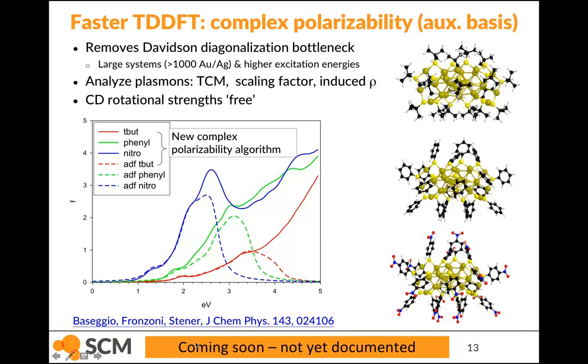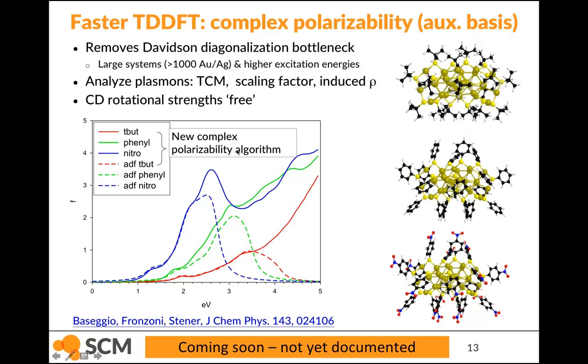Here's a paper that describes the algorithm and some applications, just to give you an idea of what it can do. These are calculations on, I think, a 12-core desktop machine on these particular nanoparticles on the right-hand side. What was physically possible with the old linear response DFT for these three different complexes couldn't go to higher excitation energies. These are the dashed lines here, blue, green, and red, because they run into this memory bottleneck.